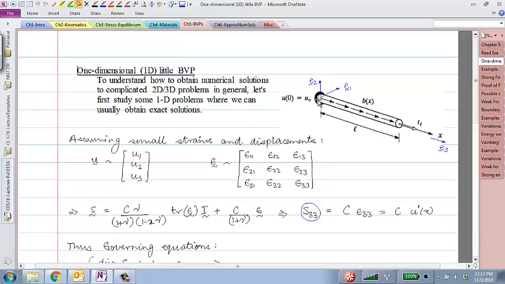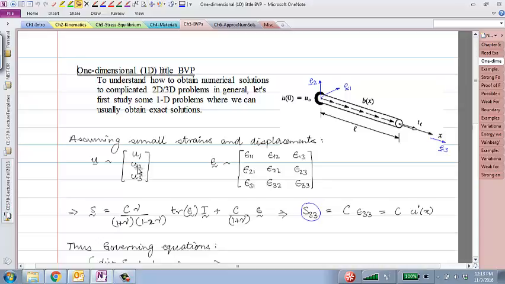For this problem, if I have a rubber bar under self-weight, traction applied, it will extend. And what about the lateral dimensions? Would it be 0? No, in general they won't be 0. It depends upon the Poisson's ratio.